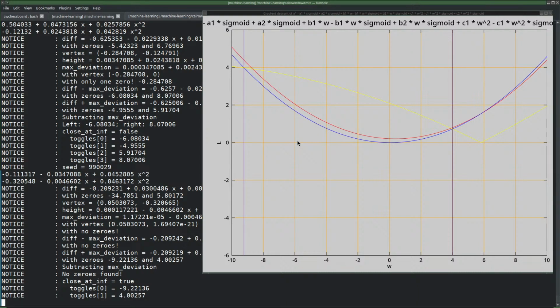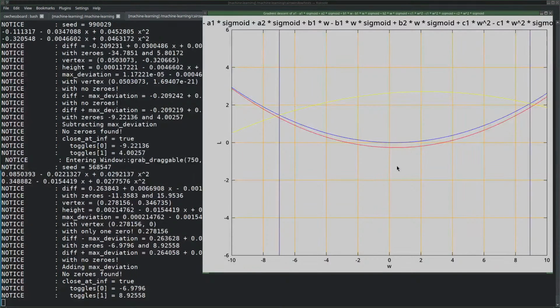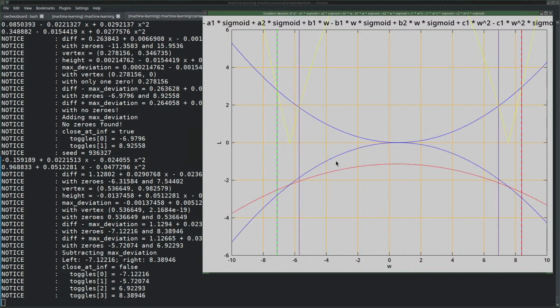Well, that's correct. And again. No, it just works. It just works.